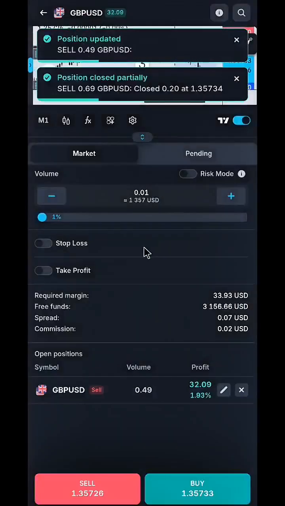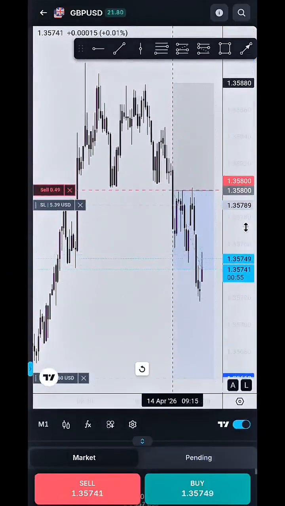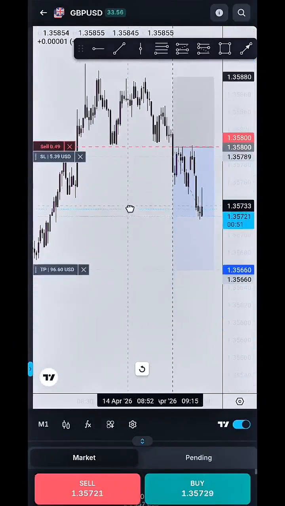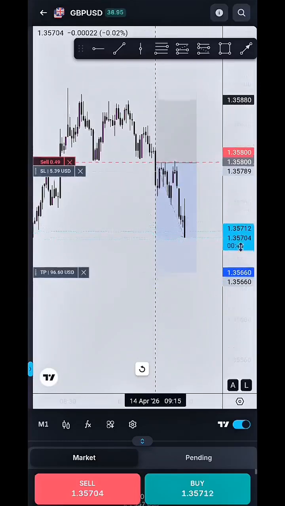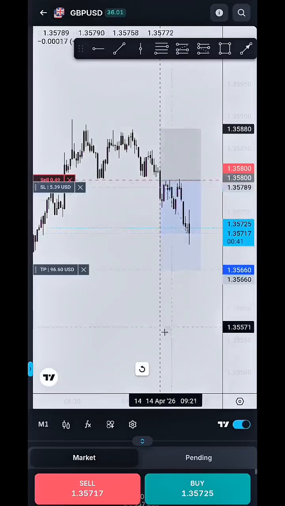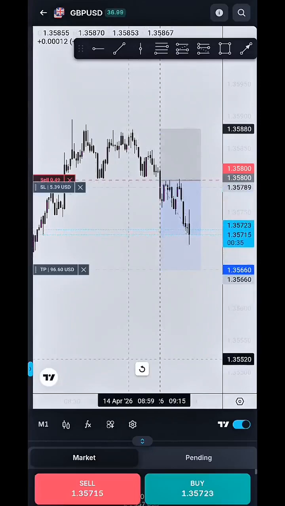Let's see. 0.2. So I just took a partial right there, just in case the 9:30 doesn't go in my direction.